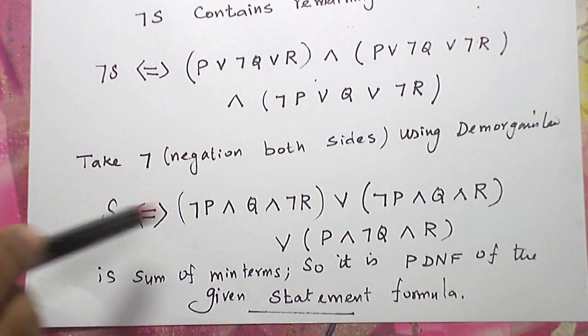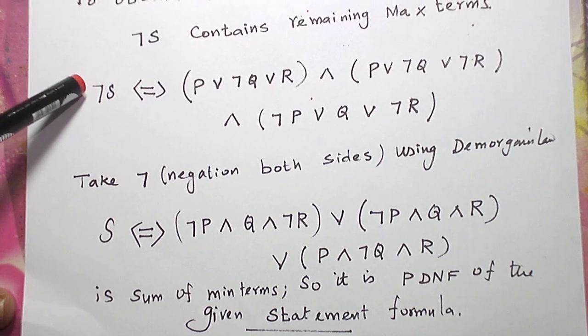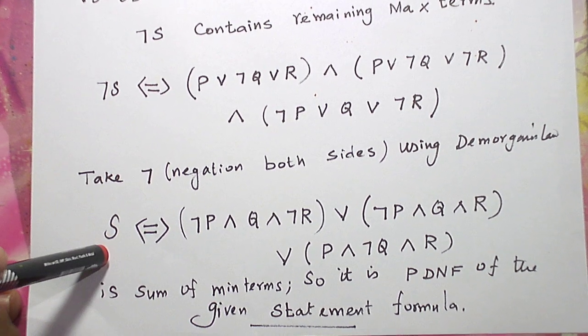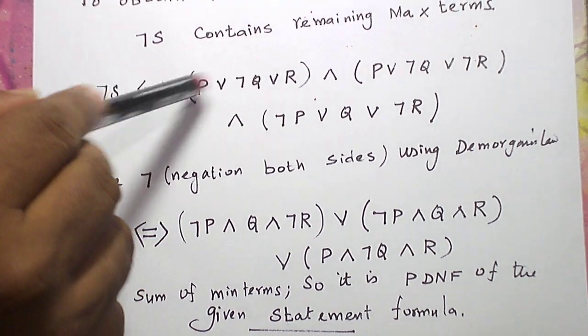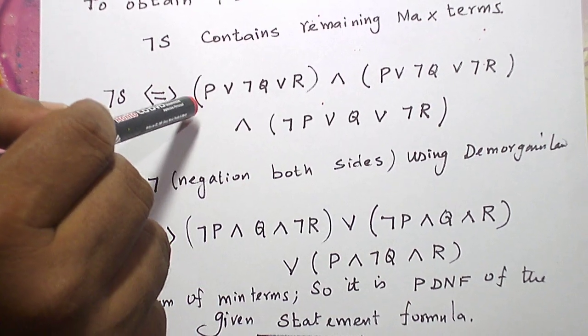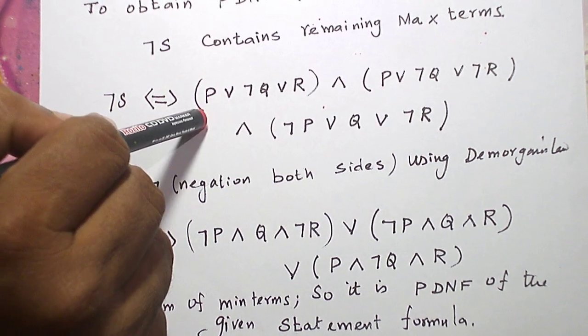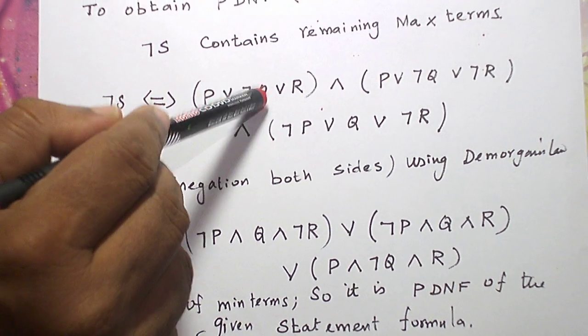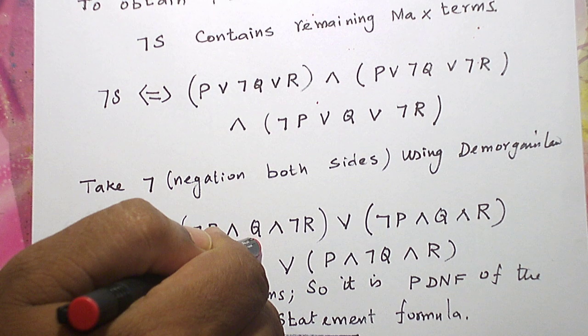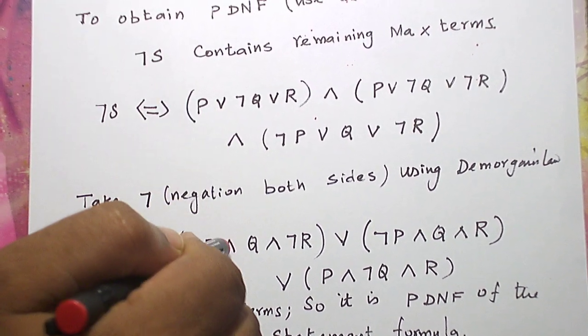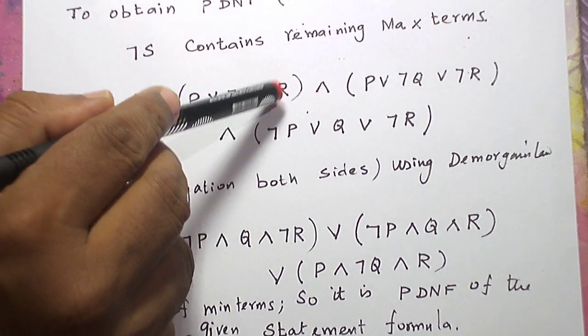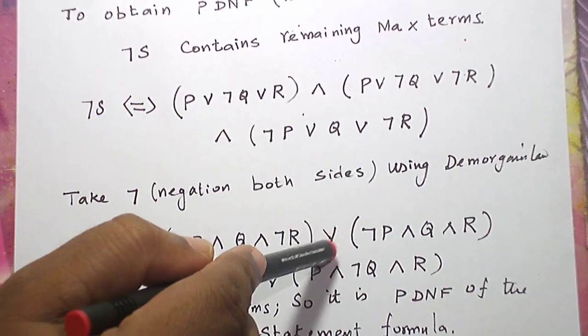Now I am going to take negation on both sides. On the left hand side, by double negation, I get the original statement formula, and here I am going to apply De Morgan's law. Negation will be adjoined if it is not appearing earlier, and negation will be removed if it appears earlier. And similarly OR connective will be changed to AND connective, and AND connective will change to OR connective.